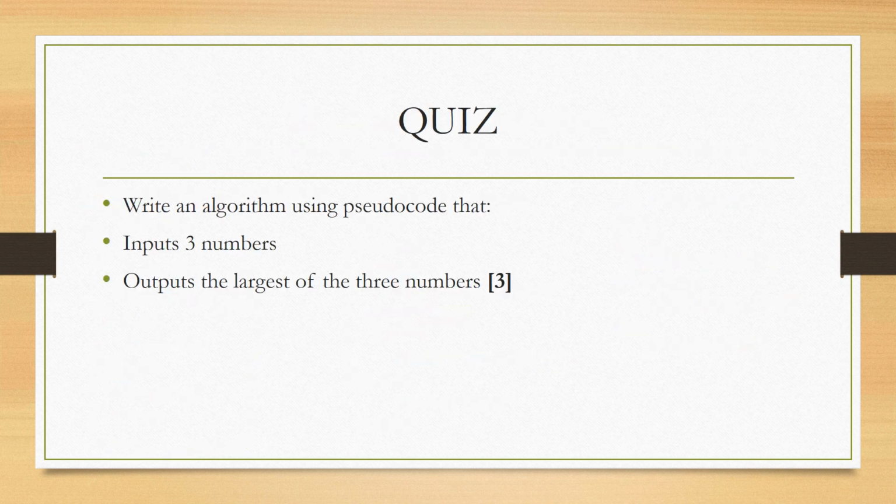So there is another question. Write an algorithm using pseudocode that inputs three numbers and outputs the largest one of the three numbers. It's very simple. You just have to take three numbers and find out which one is the largest. Take a moment and try to solve this question.